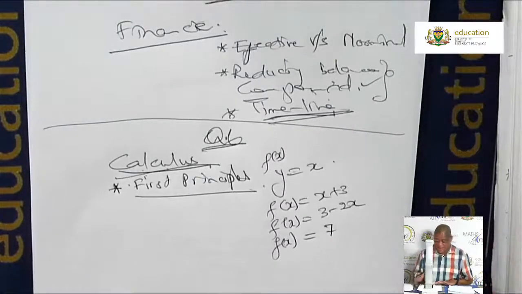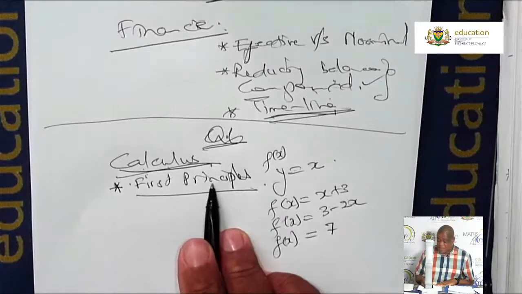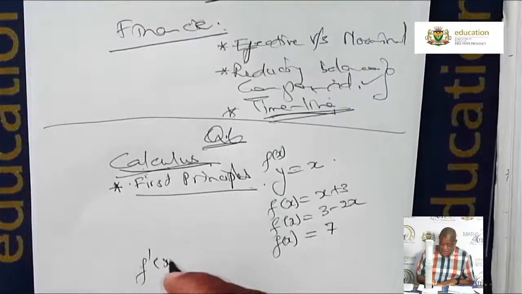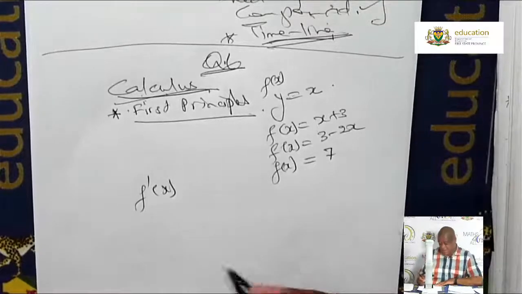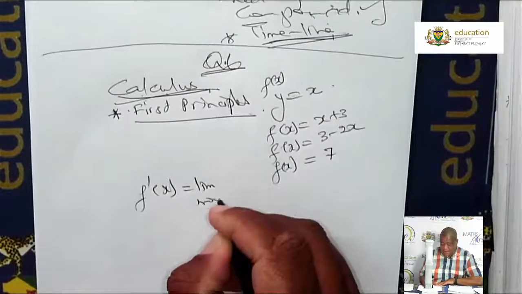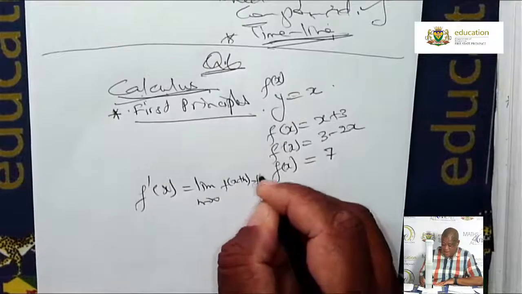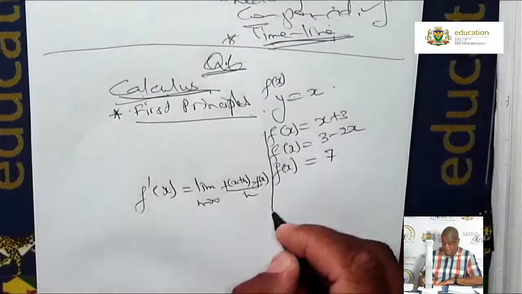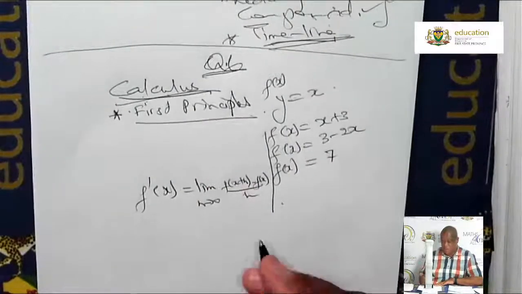Let us expect this kind of question and be able to know what it is. Once they say differentiate using first principles, the expectation is that you get the formula from your formula sheet: f prime of x equals the limit as h approaches 0 of f of x plus h minus f of x, all over h. This is the formula we use when faced with first principles, which is from our formula sheet.